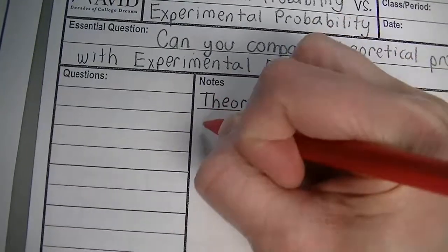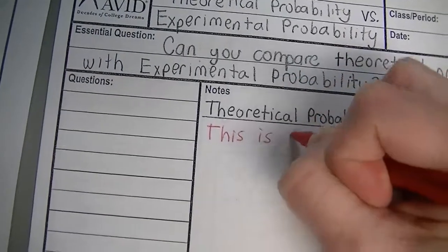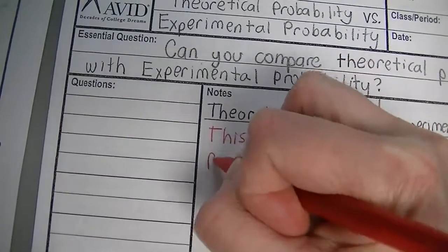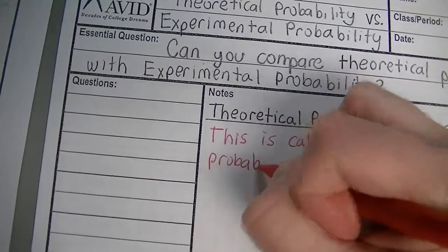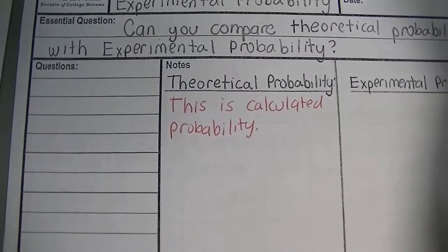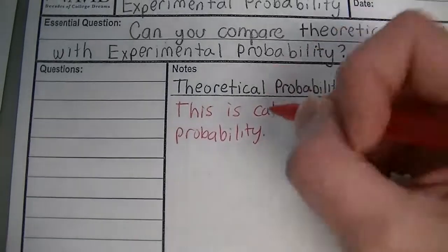So theoretical probability, this is calculated probability. Okay, and what that means is it's just the math problem, okay? You don't actually perform the experiment.